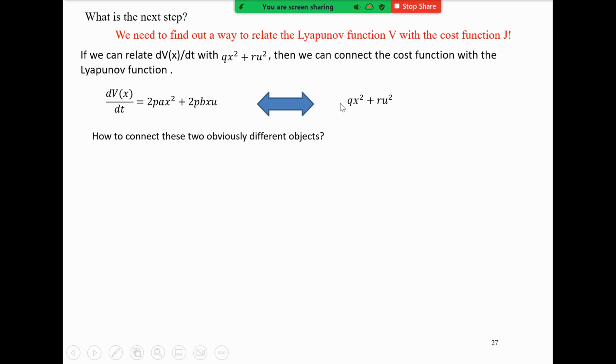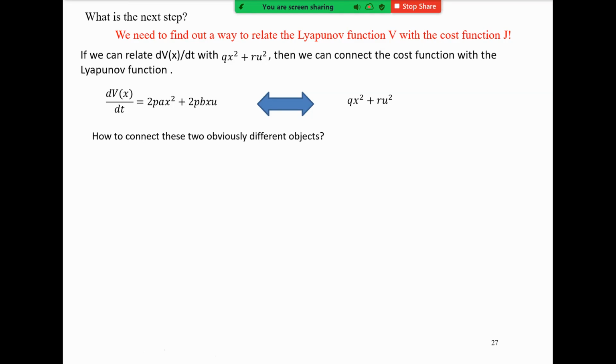Then you can say, how do we relate those two? As it appears, the mathematical forms of those two are very different. So how are we going to relate those two? Of course, the idea is not obvious.